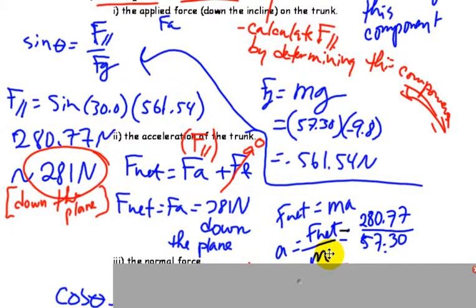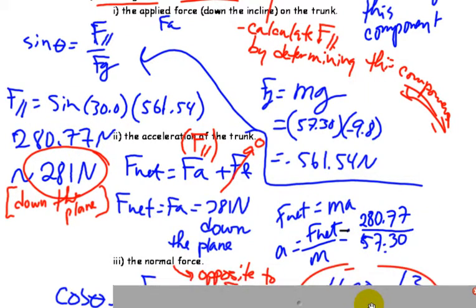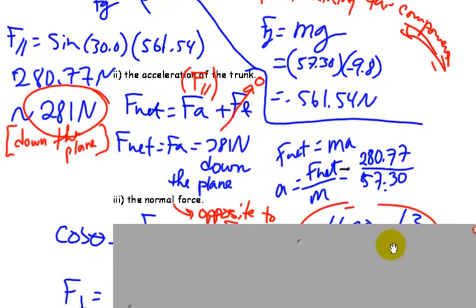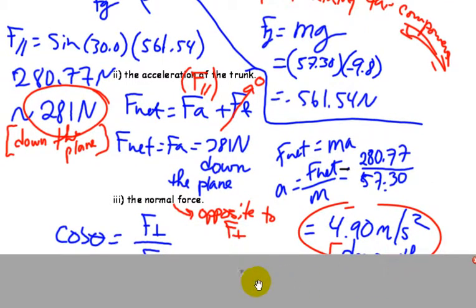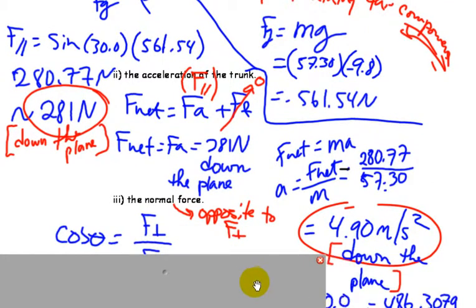So to figure out the acceleration, rearrange this equation. A is equal to F net over M, 280.77. Notice that I use the non-rounded off answer here, divided by mass, and I get 4.90 meters per second squared down the plane.